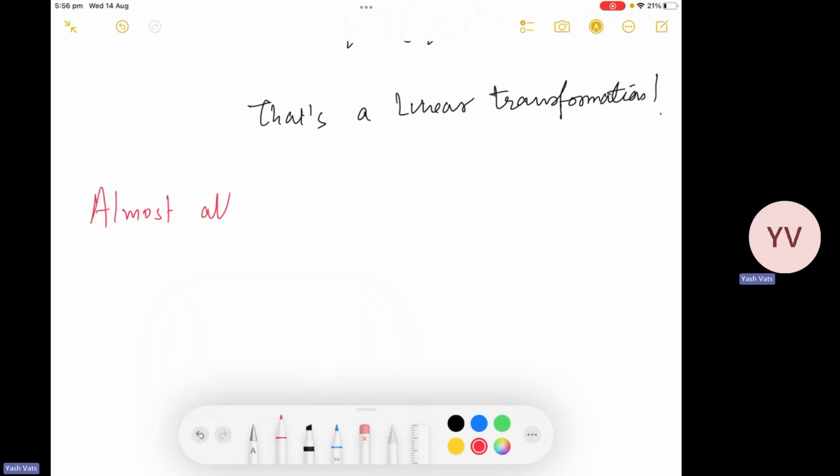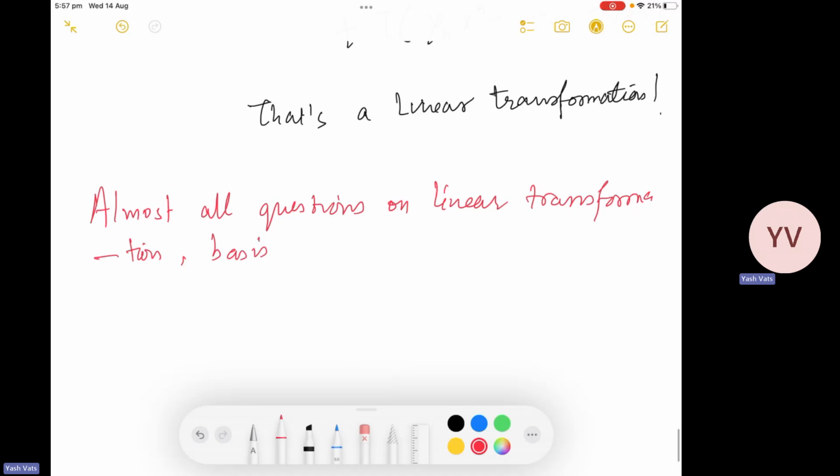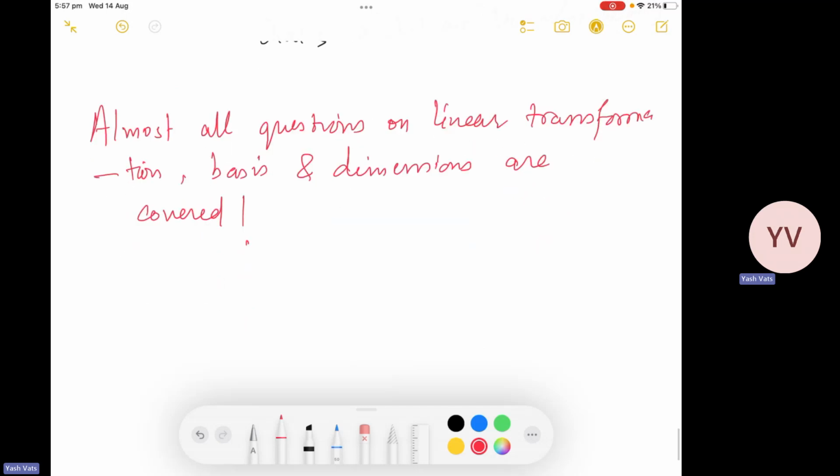All questions on linear transformations, bases, and dimensions are covered. Any questions, just ask.